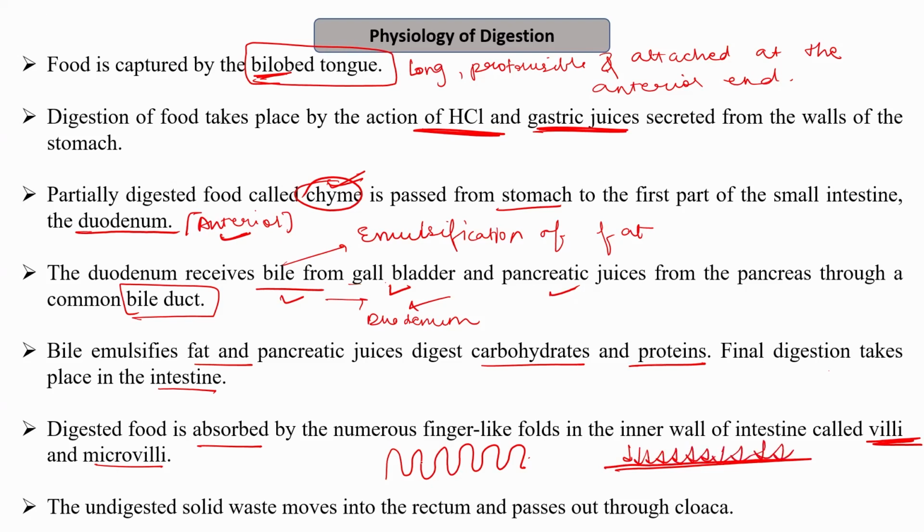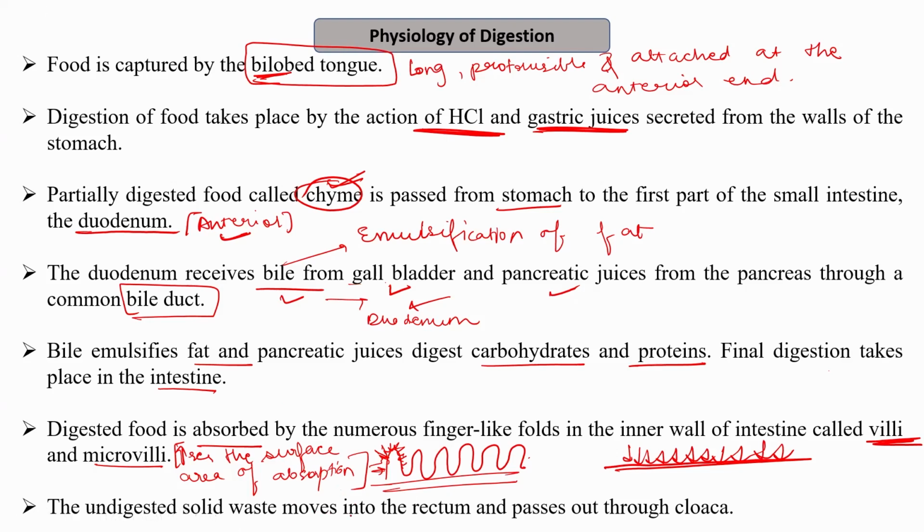But since it's a finger-like projection, the absorption takes place through a much larger surface. Therefore, microvilli increase the surface area for absorption. So there is always a reason why this is happening. Why instead of a linear structure is it a folded, finger-like villi structure? Because it increases the surface area of absorption.